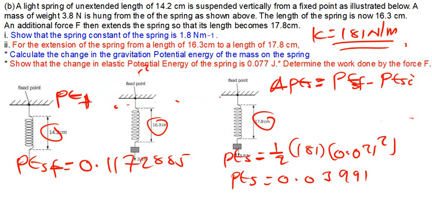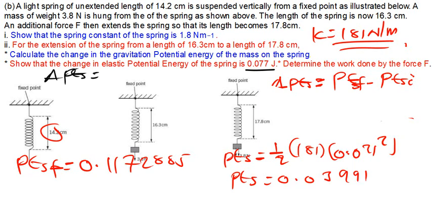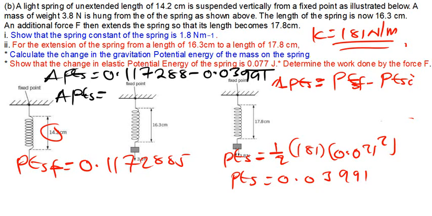So now I'm going to find the change in elastic potential energy. Remember, our question is show that the change in elastic potential energy is 0.077. The change will be equal to the final elastic potential energy, 0.117288, minus the initial elastic potential energy, 0.03991.